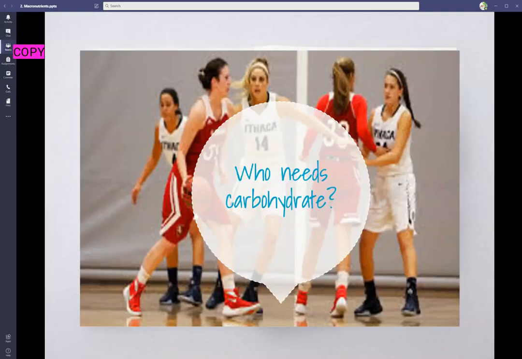So, who needs carbohydrates? Everybody needs carbohydrates to provide energy within their diet. The younger or more active that you are, the more carbohydrates you would need to have, but these should be coming from complex carbohydrate sources.